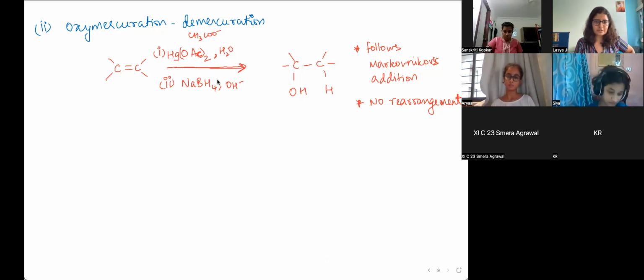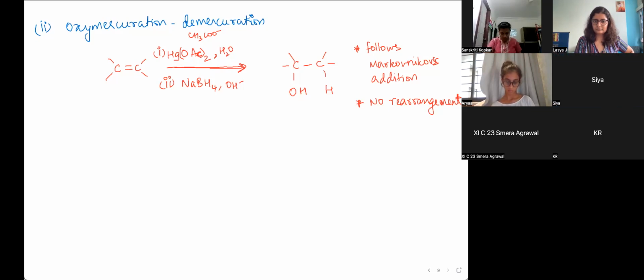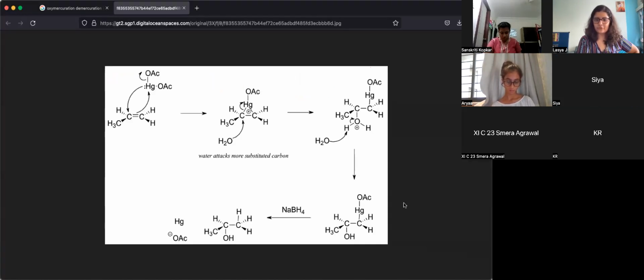Okay, so this is the mechanism. So mercury acetate, Hg2 plus, these two negative ions.